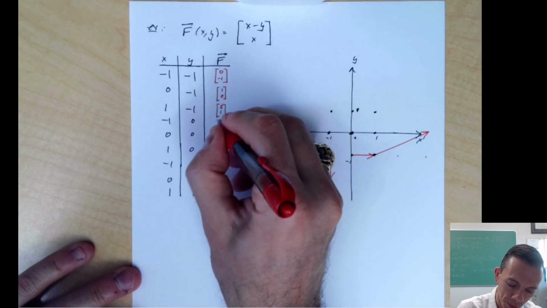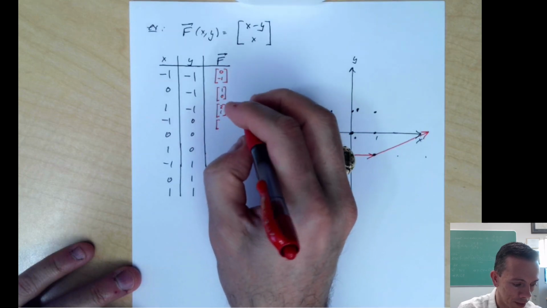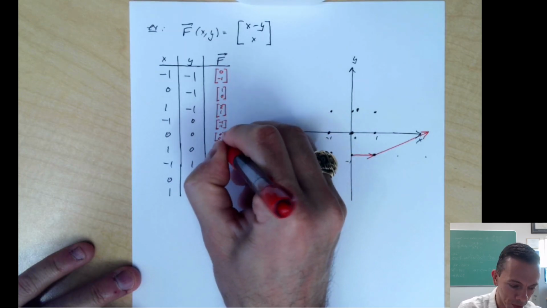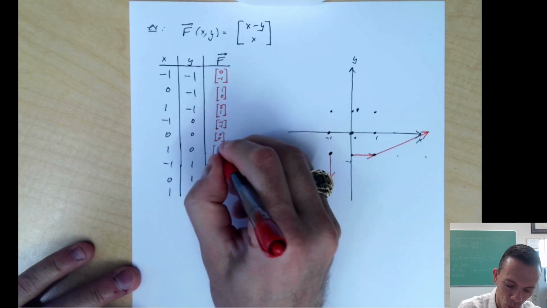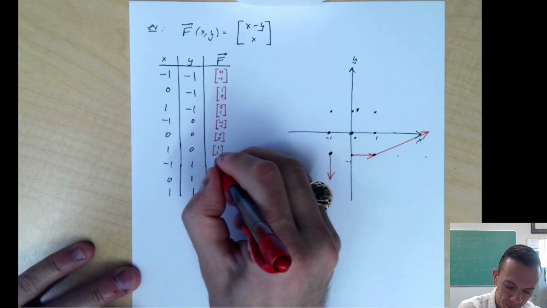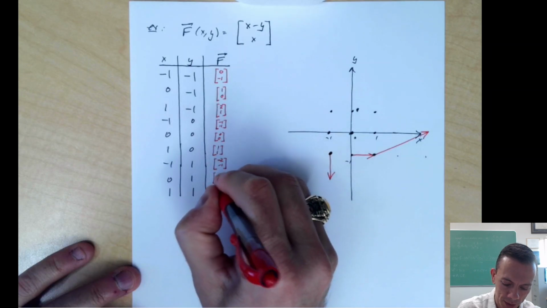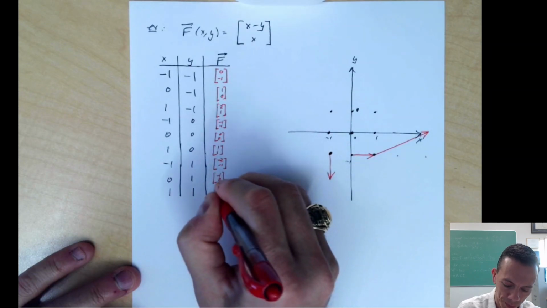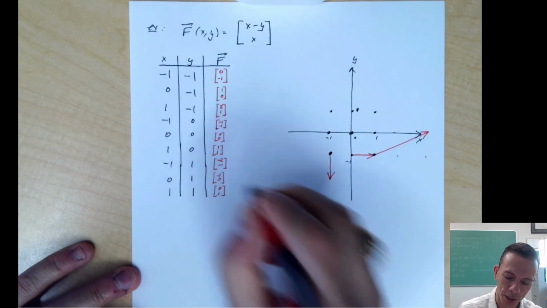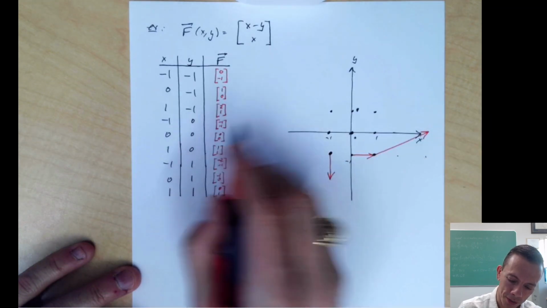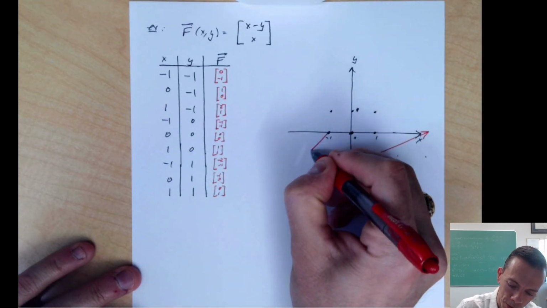And you can go down the table. So the next vector is -1, -1. The next one is 0, 0, 1, 1, -2, -1, -1, 0, and 0, 1. So this next vector, -1, -1, at this point looks like this.